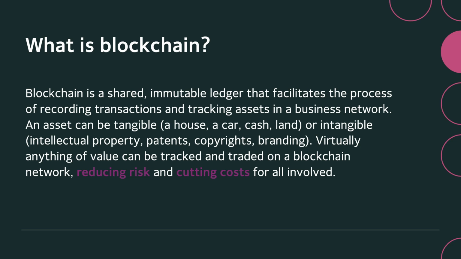This asset can be a house, a car, cash, land, or any intangible asset. The asset is not always tangible. It can be intangible, something like intellectual property, copyrights, patents. Whether it is a tangible or intangible asset, blockchain is meant to keep track of that asset.